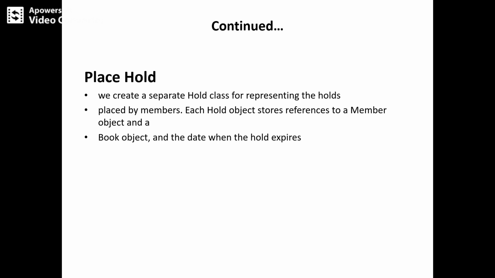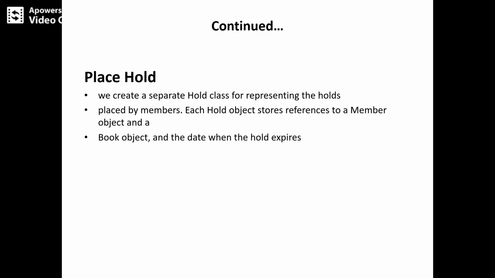So here we create a separate hold class for representing the holds, which will be placed by members, each as a hold object. That hold object stores the reference to a member object and a book object, and the date when the hold expires.